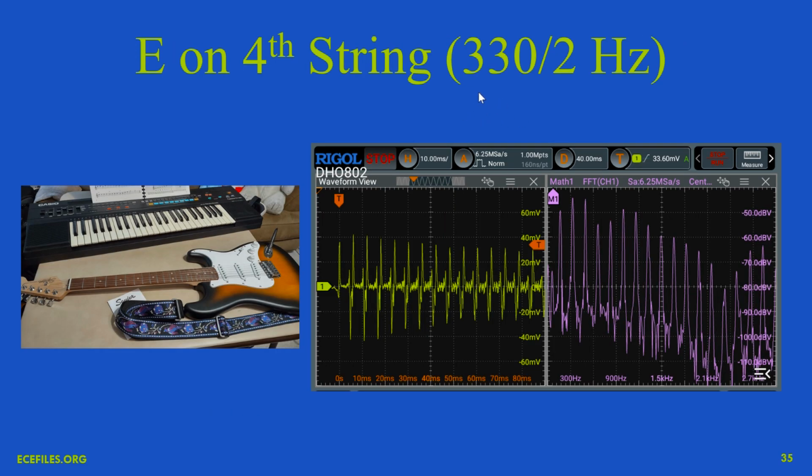And knowing the frequency of the fundamental, which in this case, E on the 4th string, is 330 over 2. Remember, the E on the 1st string is 330 hertz, so we're 1 octave lower. So what is that, 165 hertz? And that is indeed the frequency of this first spectral line, about 160 hertz here.